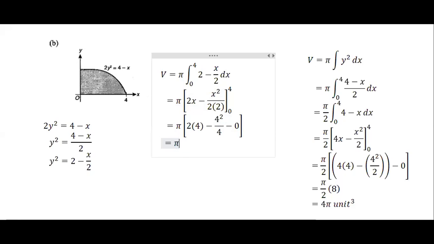Okay, you calculate what is inside the bracket? You will get 2 times 4 minus 4 square over 4 minus 0. Same answer. You will get 4 pi as well, right? Do the others get 4 pi as well?